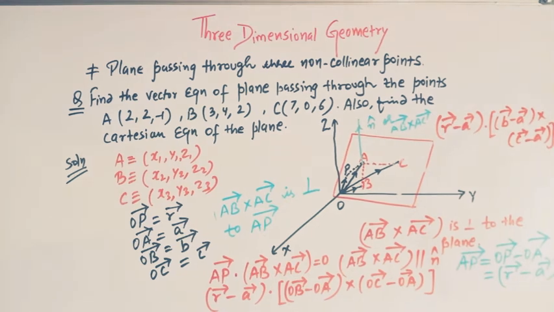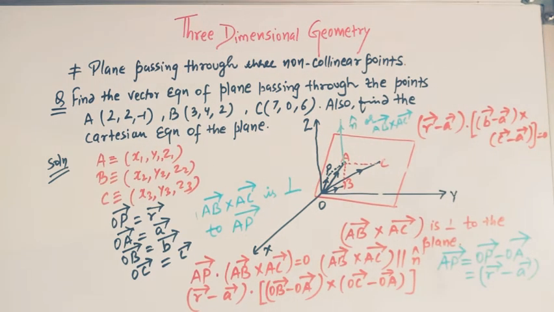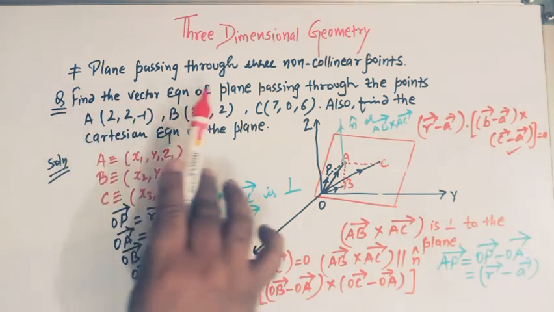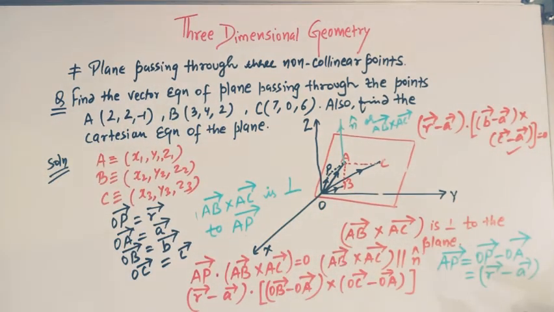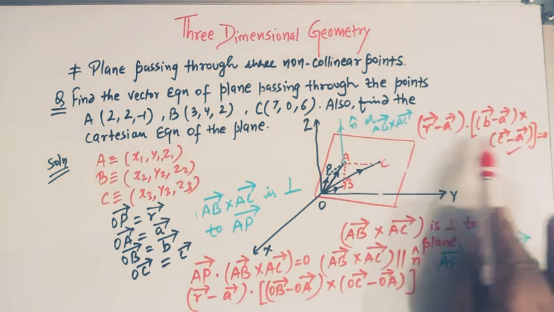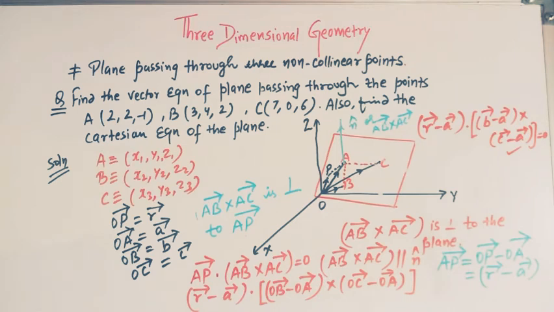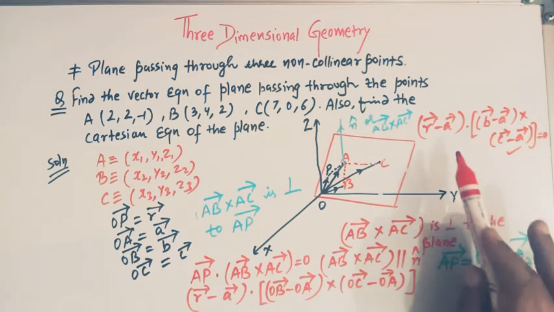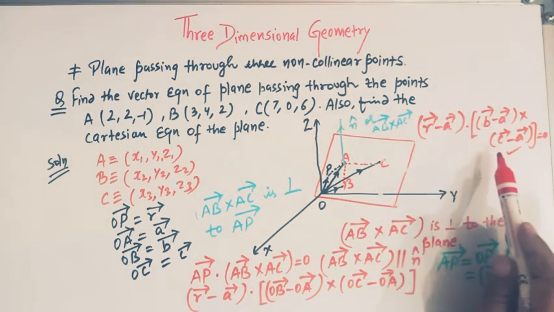So this is the vector equation of the plane passing through three non-collinear points. We can also further simplify it, and we can obtain a simplified form of this vector equation.